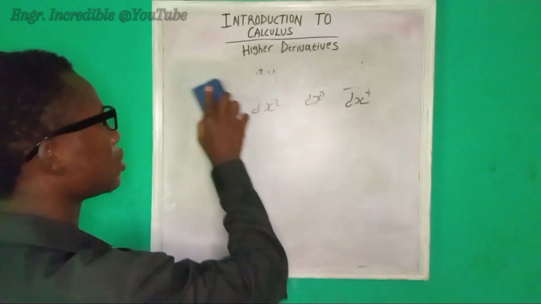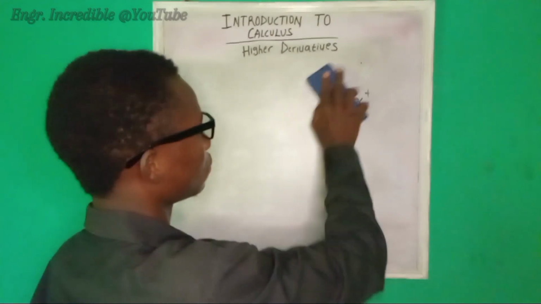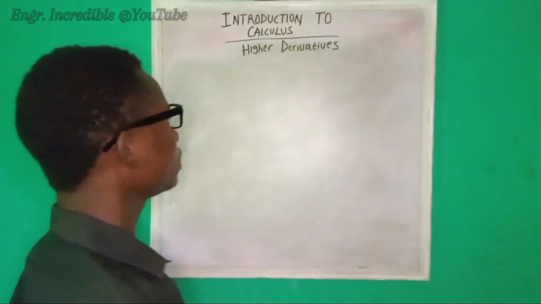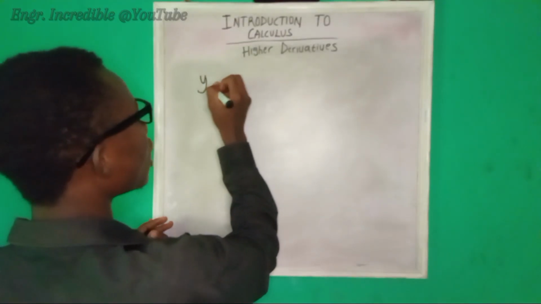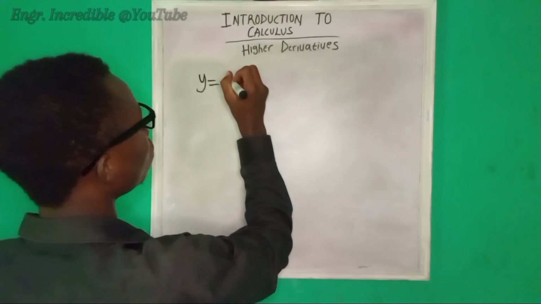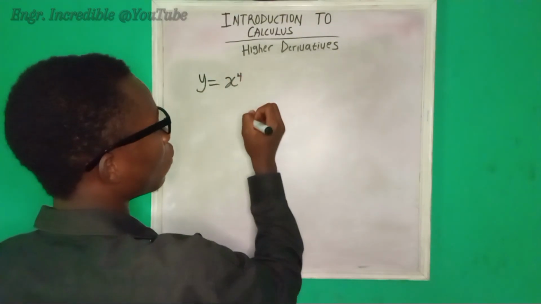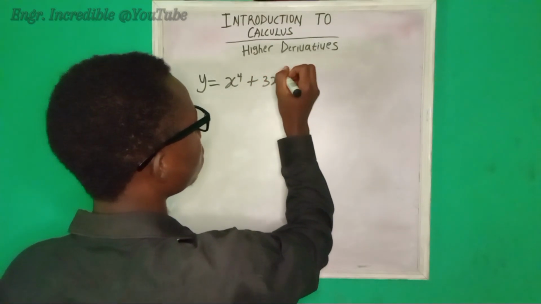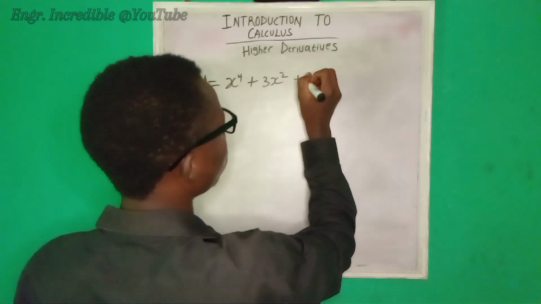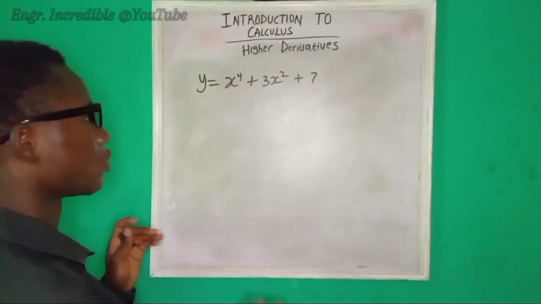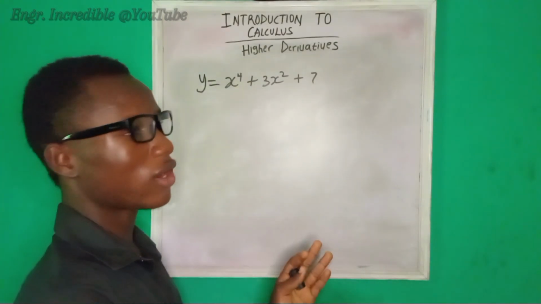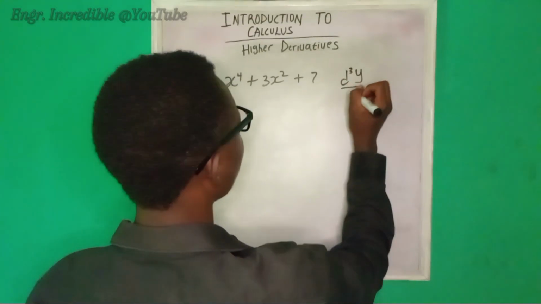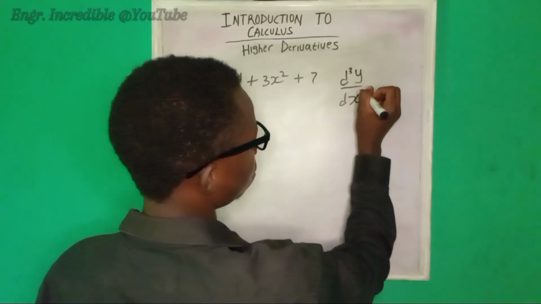So let me pick a particular question that we are going to keep deriving. Let's say we have y equals x⁴ plus 3x² plus 7. Now, they ask us to find d³y/dx³.